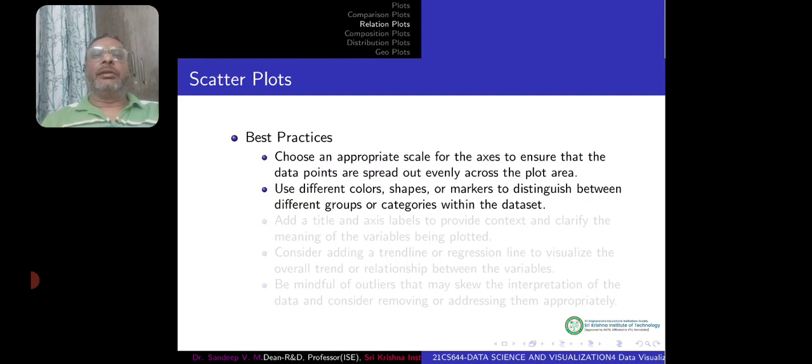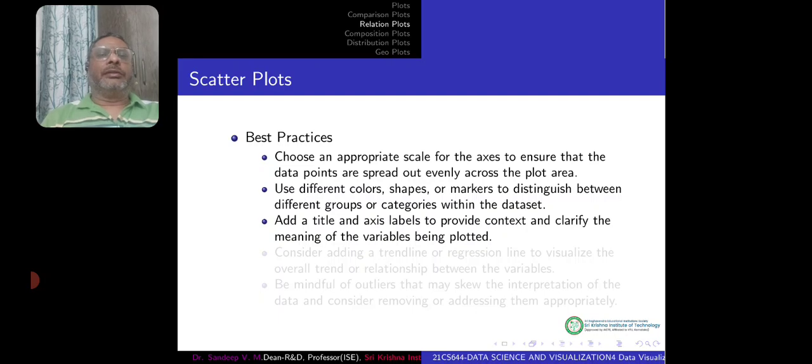So we are talking about various category outputs. In that case, you can represent each category's data with a different color or different markers so that it becomes easier to identify which category the data belongs to, and we can make out for each category what the trend is, what the pattern is, and so on.